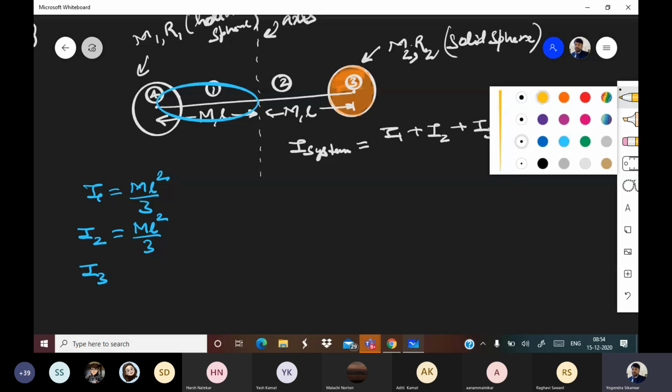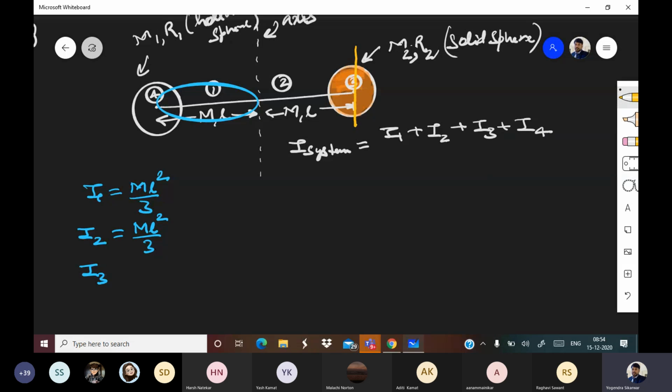I3 is basically moment of inertia of this solid sphere about the diameter which I have drawn. So I3 will be 2 by 5 mr square. This is moment of inertia of any solid sphere about its diameter.